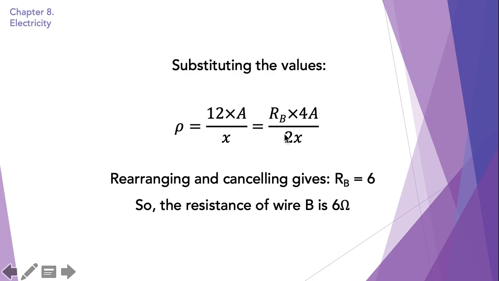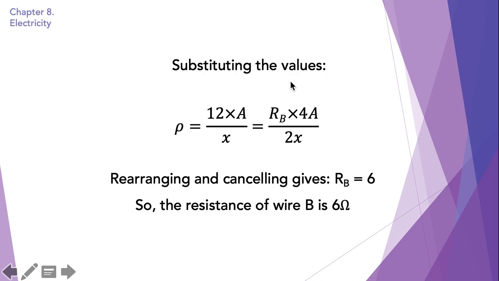So RA is the resistance of wire A, multiplying by its area and dividing by its length, and RB is the resistance of wire B, 4A is the area of wire B, and 2X is the length of wire B. So rearranging and cancelling gives RB equal to 6. So the resistance of wire B is equal to 6 ohms.